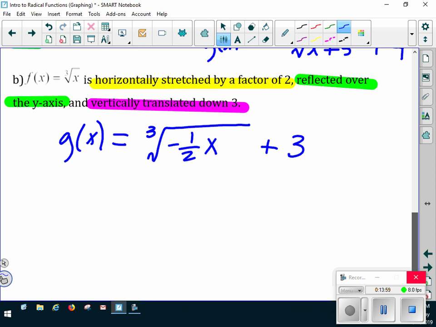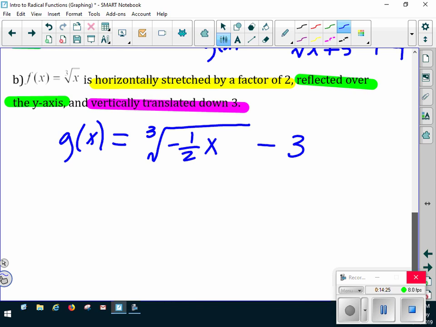Should this be -2 or -1/2? Anybody else have an idea? -1/2. Yeah. Okay, is everything else good? What do you think? Down 3, so -3 here? Good. That's your answer right here.